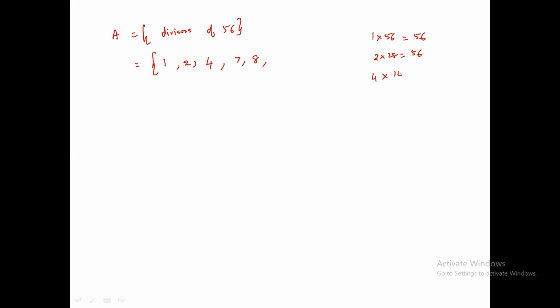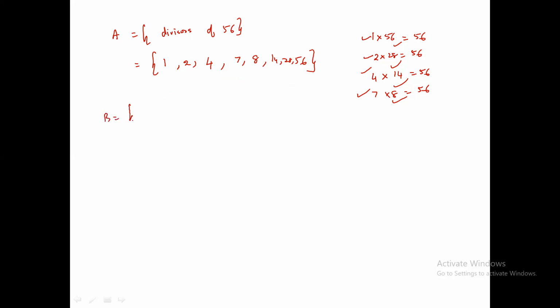Then 4 times 14 is 56. 7 times 8 is 56. So we have already taken 1, 2, 4, 7. Now we can write 8, 14, 28, 56. So these are the divisors of 56.